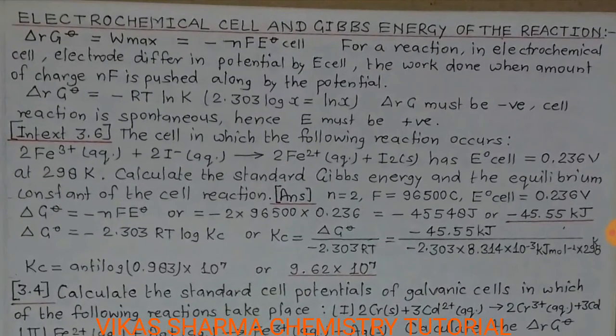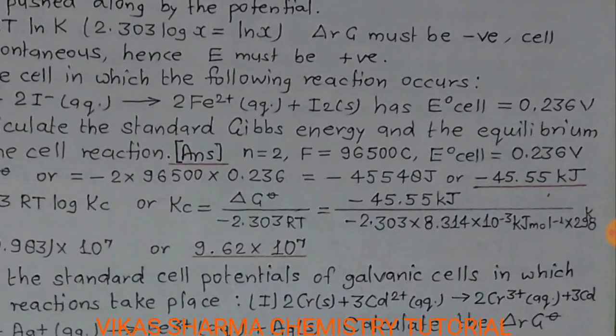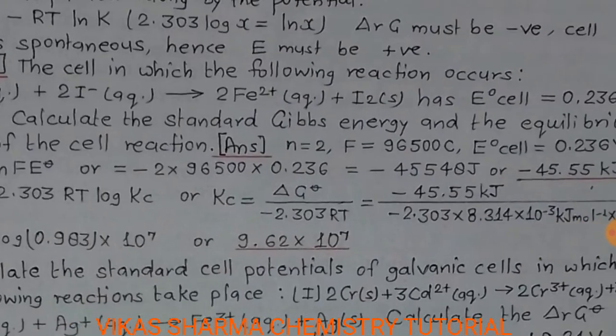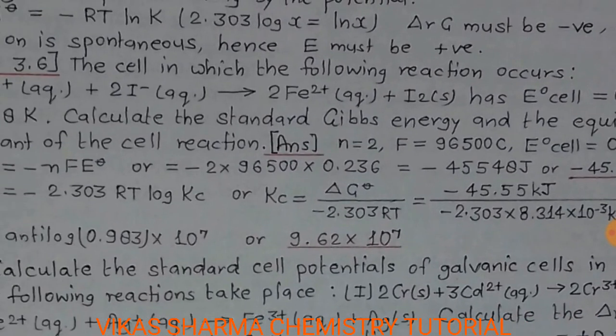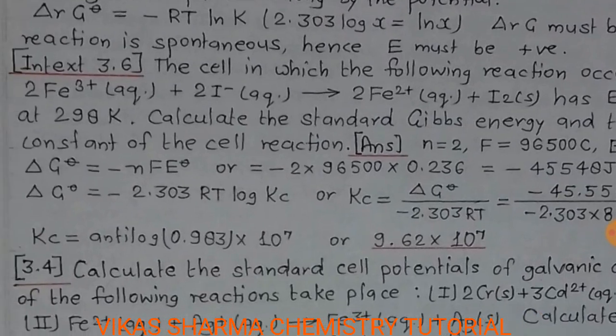Student, in the second part, they want the equilibrium constant. So you know ΔG° is equal to minus 2.303 RT log Kc, or log Kc is equal to ΔG° divided by minus 2.303 RT. So we put all the values in this formula. After solving, we have the log condition on the right hand side, so we convert into the anti-log.